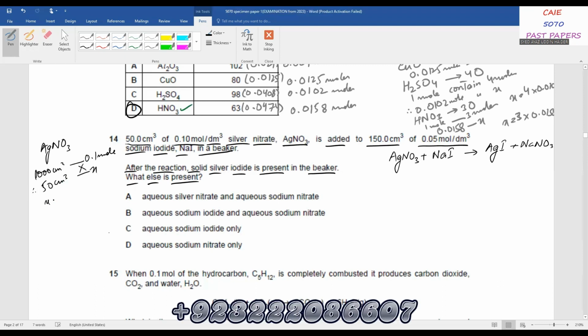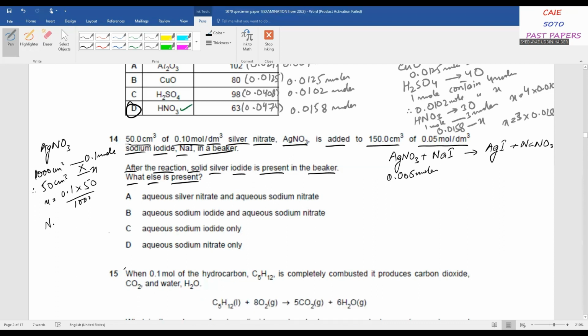So x is equal to 0.1 multiplied by 50 divided by 1000. The answer will be 0.005 moles of AgNO3.